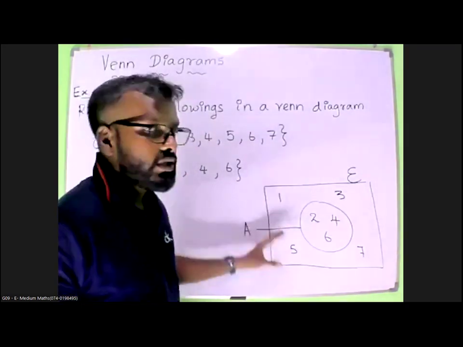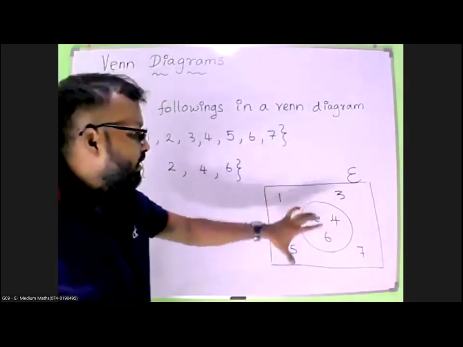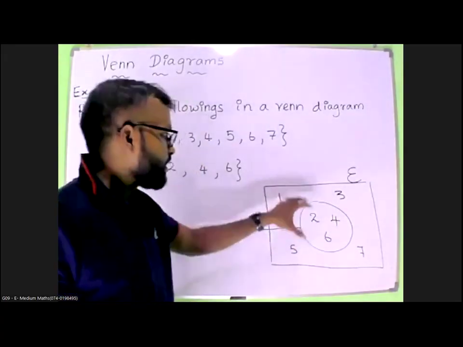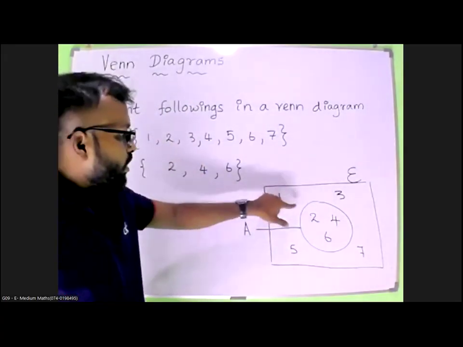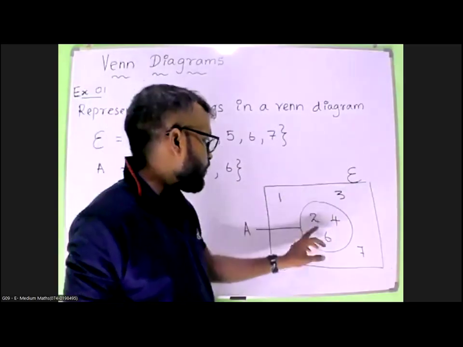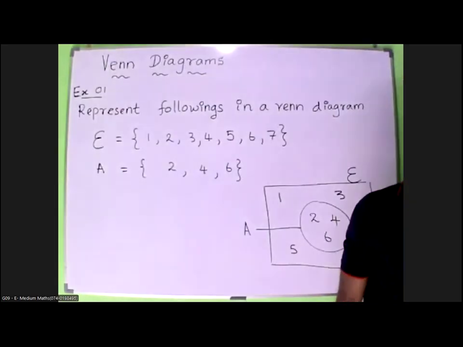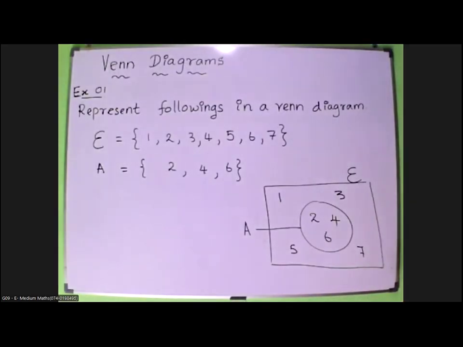So inside the universal set, all the elements are included: 1, 2, 3, 4, 5, 6, 7. So please draw this. This is how we represent the universal set and the subset using a Venn diagram.